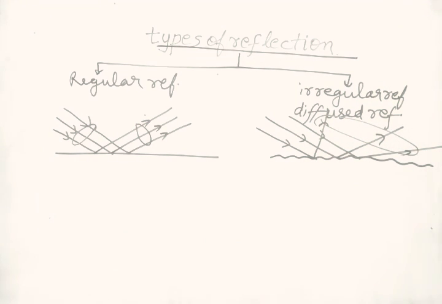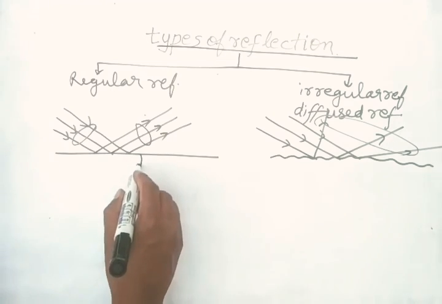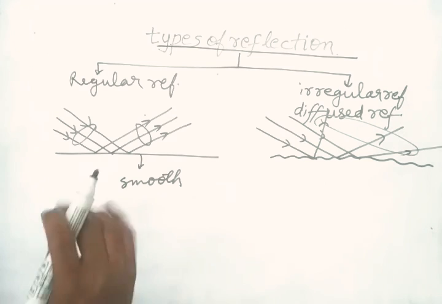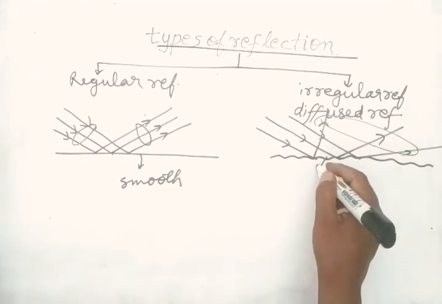So where does this regular reflection and where does this irregular reflection occur? So first thing, if a surface is smooth enough, then light undergoes a regular reflection. And if it is rough, then light undergoes an irregular reflection.